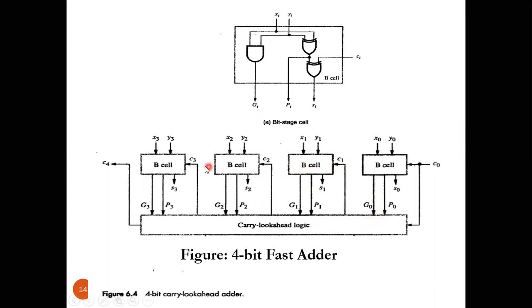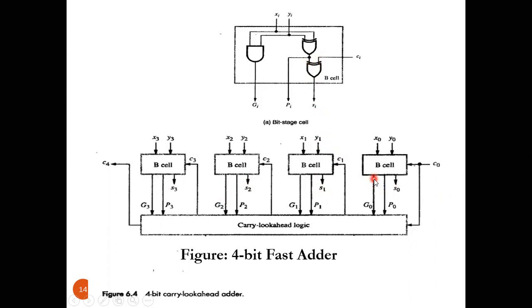So all my C1, C2, C3, C4 will be given back to the B cell in 3 gate delays. And when you give that carry to this XOR gate, it requires one more additional gate delay for the XOR gate to produce my sum. S0, S1, S2, S3 will be available after 4 gate delays.